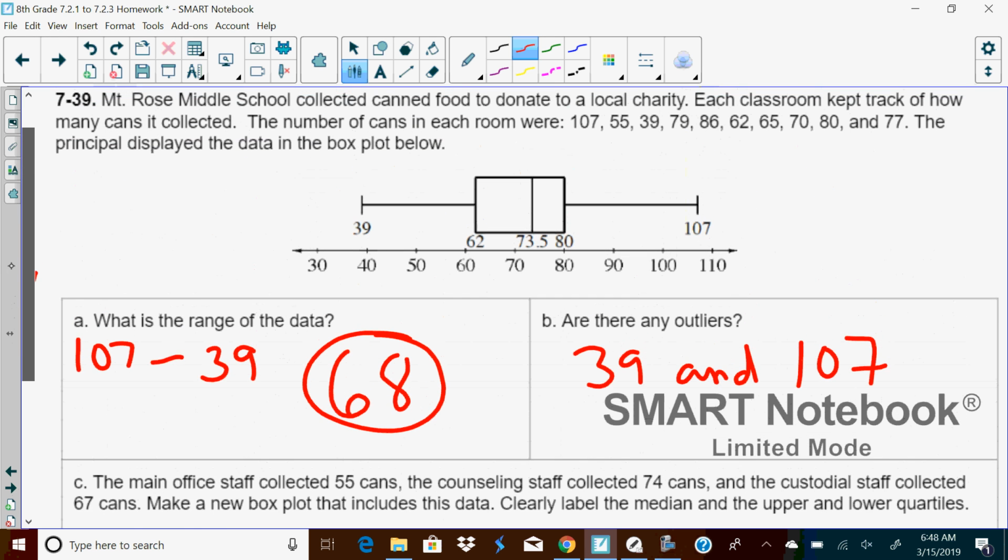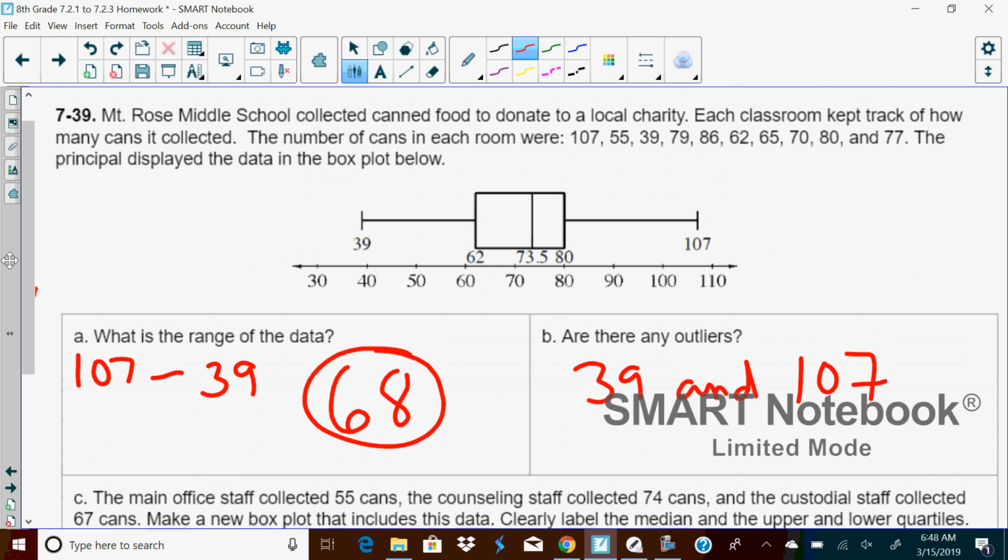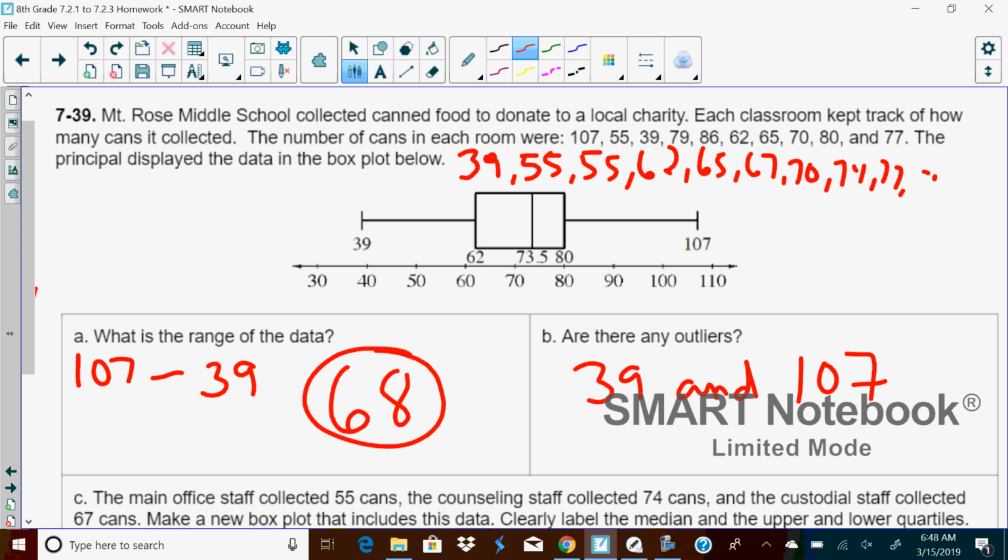So what you have to do is, it listed out the data for you, so you have to create a new list and include those new values. So I just put the list I had in order. So I had 39, 55. I needed another 55 to account for the office staff. 62, 65, 67, 70, 74, 77, 79, 80, 86, and 107.